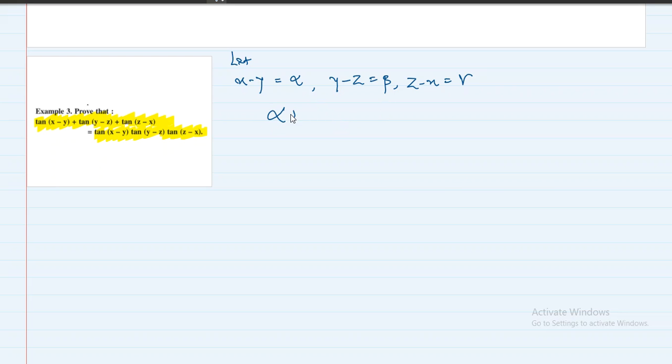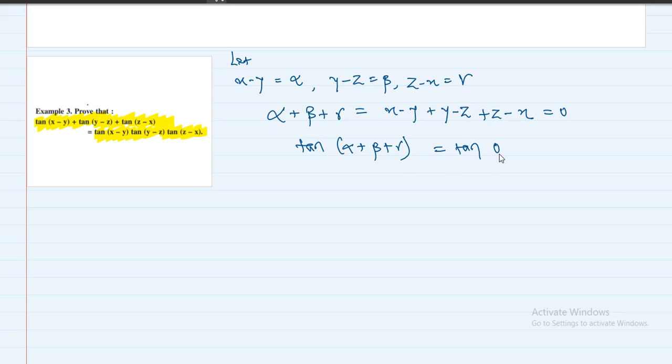So alpha plus beta plus gamma becomes x minus y plus y minus z plus z minus x, which is 0. So tan of (alpha plus beta plus gamma) is equal to tan of 0, and tan 0 is nothing but 0, remember that.